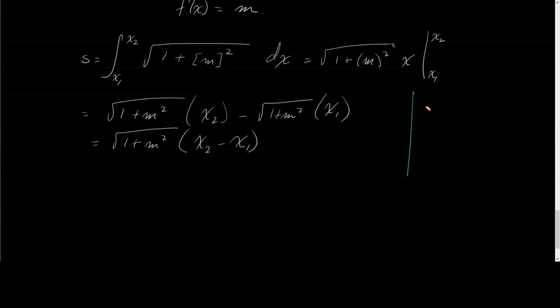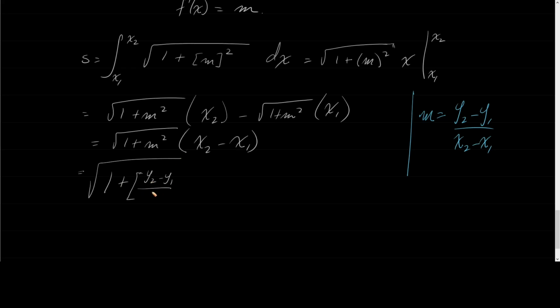By definition, m is y sub 2 minus y sub 1 over x sub 2 minus x sub 1. So what do we get here? Let's see. We have now the square root of 1 plus y sub 2 minus y sub 1 over x sub 2 minus x sub 1, squared. And all of this times x sub 2 minus x sub 1.